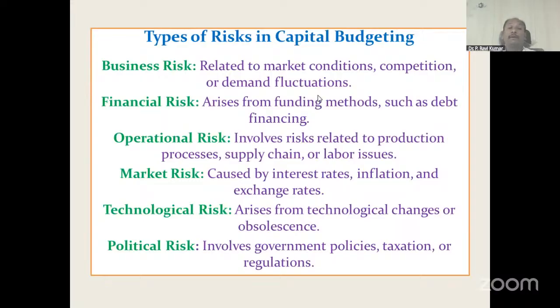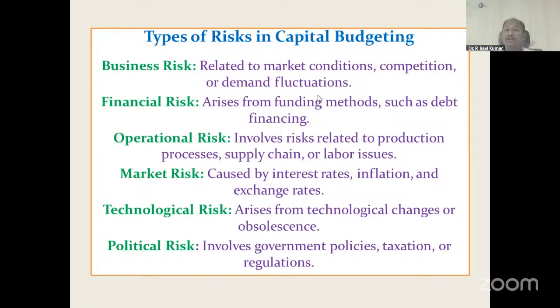Now, types of risks in capital budgeting. What are the types of risks here? You are able to see here business risk, financial risk, operational risk, market risk, technological risk, and political risk. Every business has business risk related to market conditions, competition, and demand fluctuations.